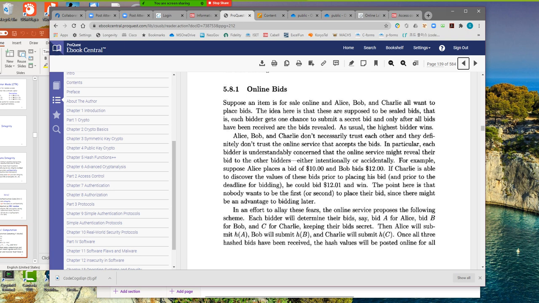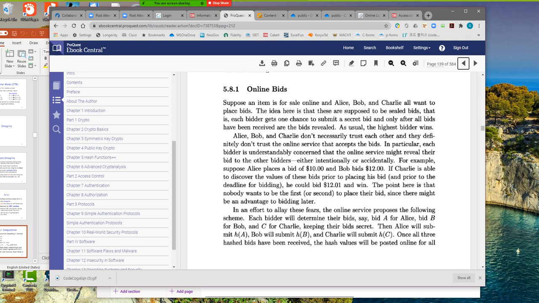Alice, Bob, and Charlie don't necessarily trust each other, and they definitely don't trust the online service that accepts their bid. In particular, each bidder is understandably concerned that the online service might reveal their bid to the other bidders, either intentionally or accidentally. For example, Alice placed a bid of $10 and Bob bid $12, right?